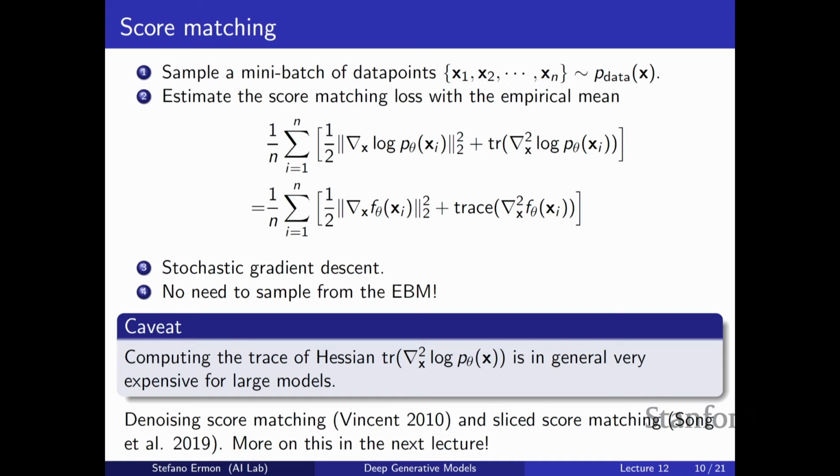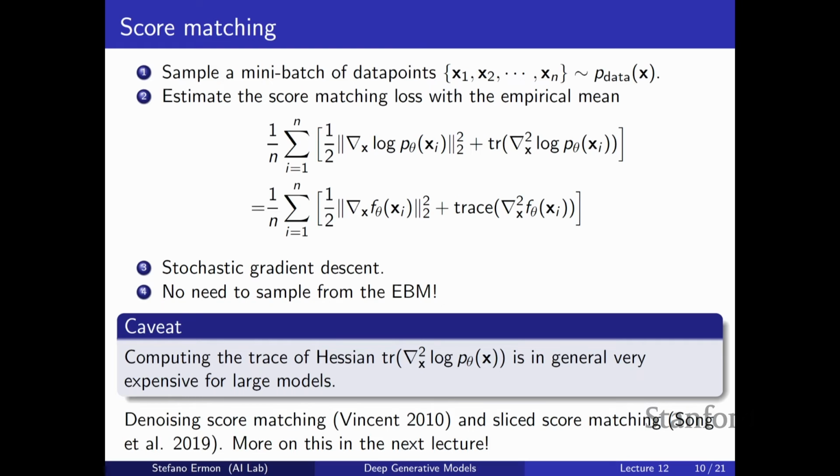Yeah. Does the Hessian have a fixed analytical form when you're taking derivatives with respect to x? So it doesn't in general. The question is, does the Hessian have an analytical form? If theta is a neural network, there is no closed form, so you have to use autodiff to compute it. The problem is that it needs many backward passes, because you're not computing just a single partial derivative, you're computing n partial derivatives, one with respect to every input, because you have to compute all the diagonal elements of the Hessian.